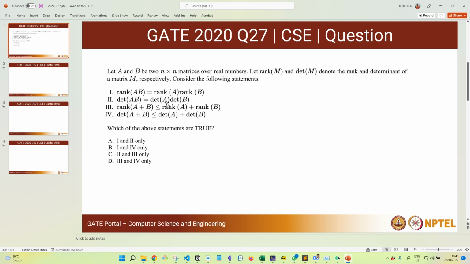Yeah, actually that is true. So I think the answer to this question is 2 and 3, 2 and 3 only, right? Because when you sum two matrices, its rank cannot exceed the sum of the ranks of the individual matrices.